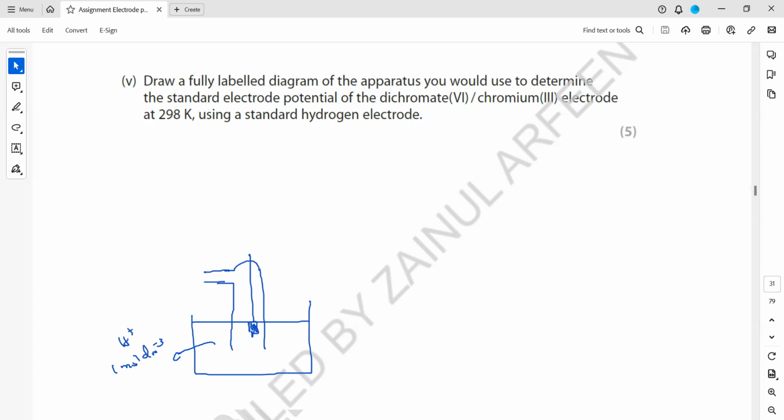And it's connected to a very high resistance voltmeter. Because there's a change in oxidation number, but it's not forming chromium metal, we don't need it here. So this should be platinum. This also platinum.